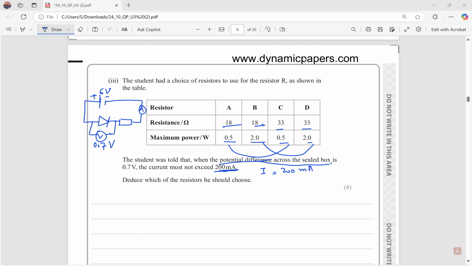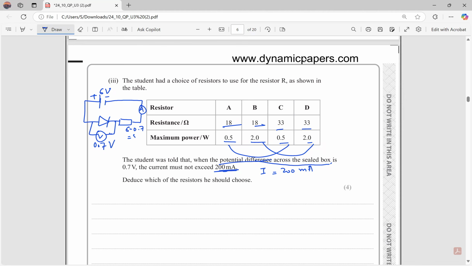So we know the two voltages, and since it's a series circuit, the voltages across the diode and the resistor will be different, and they'll add up to the total 6 volts. So the voltage across the resistor will just be 6 minus 0.7, which is 5.3 volts. So that's the voltage across the resistor.